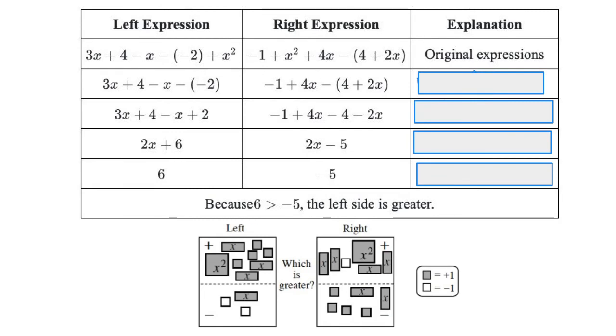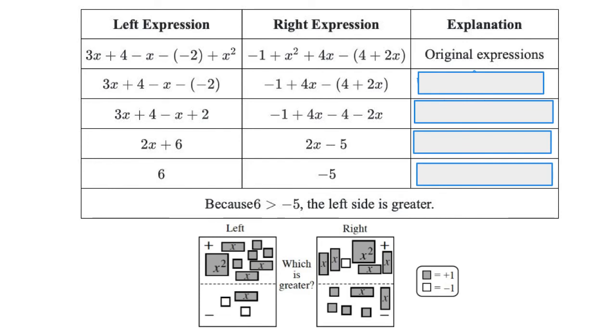Here I see the original expression for the left side, 3x plus 4 minus x minus -2 plus x squared. And the right expression is -1 plus 2x, -1 plus x squared plus 4x, and the opposite of 4 plus 2x.